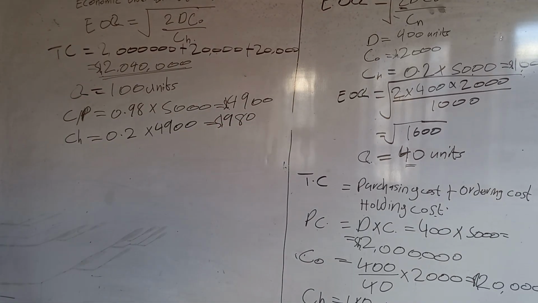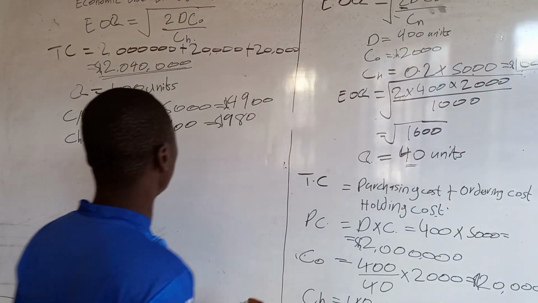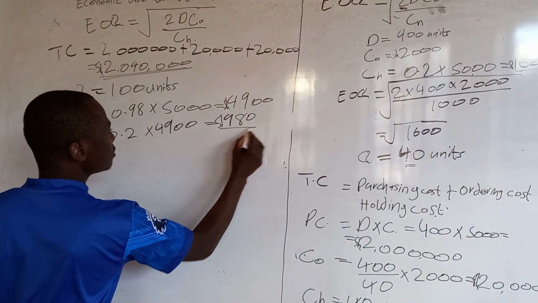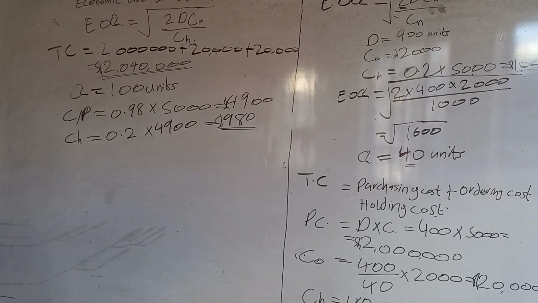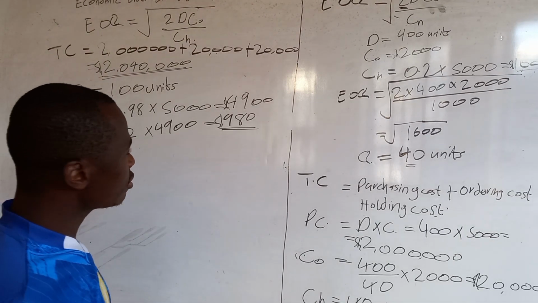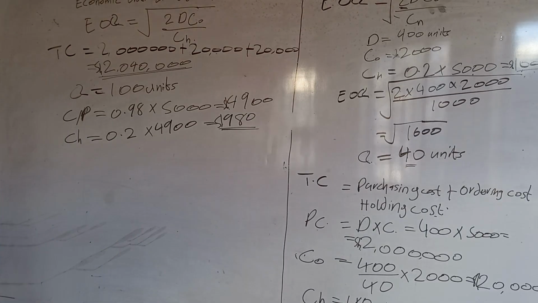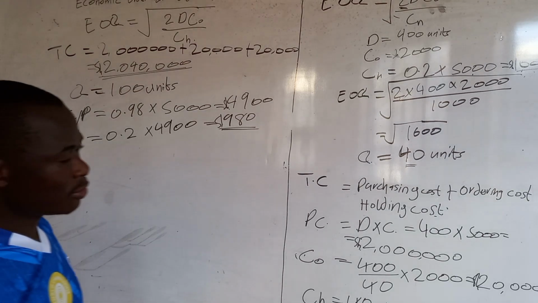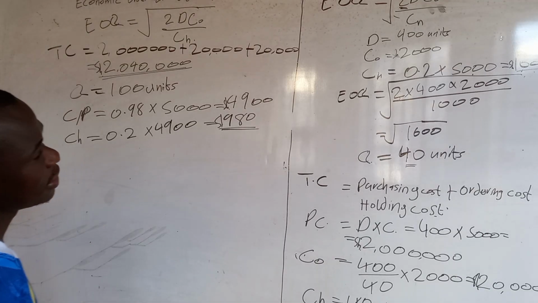Now you see the difference. This was 1,000, but this becomes 980, which means the discount reduces the holding cost, and also it reduces the cost per product, or cost per item.